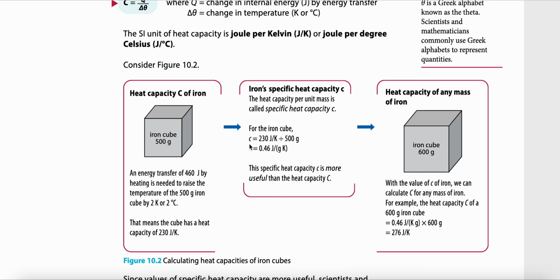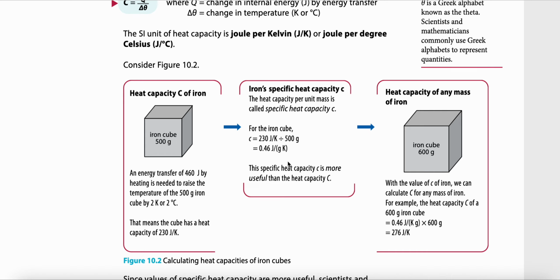Let me rephrase. So the small c in this case will be 230 divided by 500 gram, which gives me 0.46 joules per gram per Kelvin, right? What this means is that if I give 1 gram of the iron cube 0.46 joules, it will raise its temperature by 1 Kelvin.